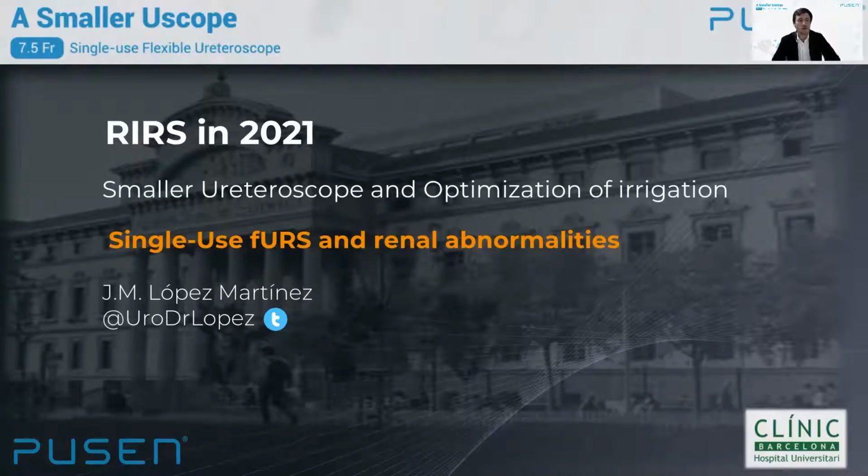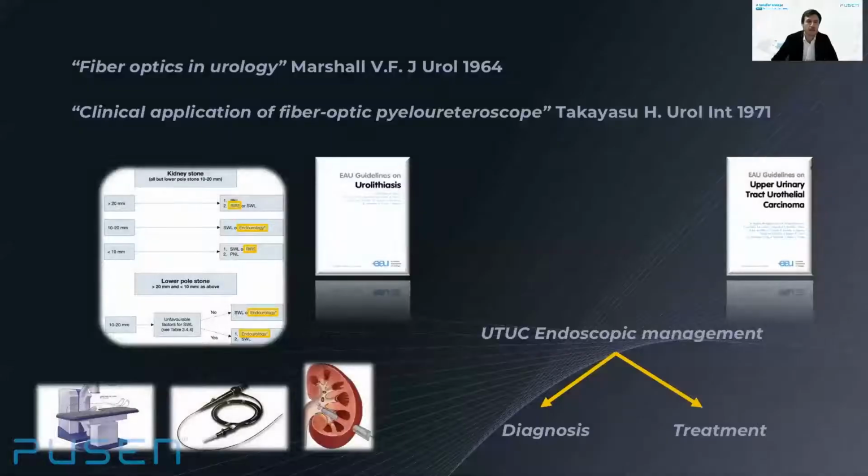Now we are going to talk about flexible ureteroscopy in patients with renal abnormalities. Since its first use, flexible ureteroscopes are increasing in popularity due to constant technological improvements. Currently, the European Guidelines of Urology recommend flexible ureteroscopy as first or second line therapy for almost all kidney stones, according to the stone burden and the localization of the stone.